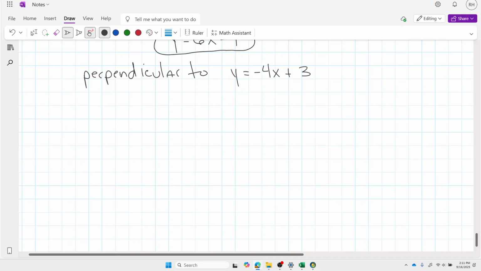So we're writing the equation of a line perpendicular to y equals negative 4x plus 3, but it goes through 8, 5.